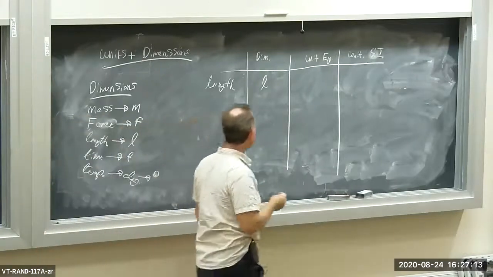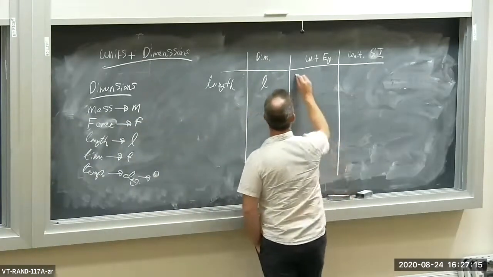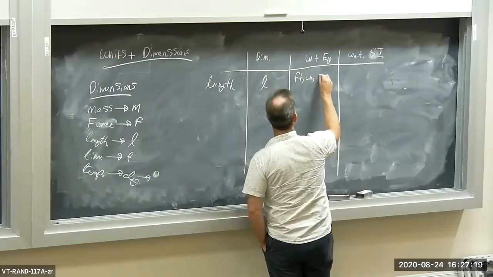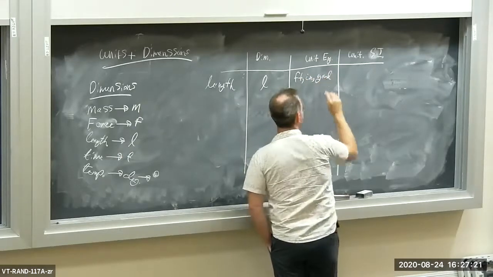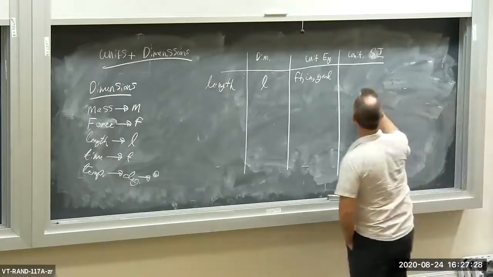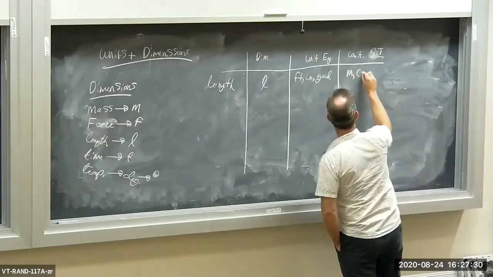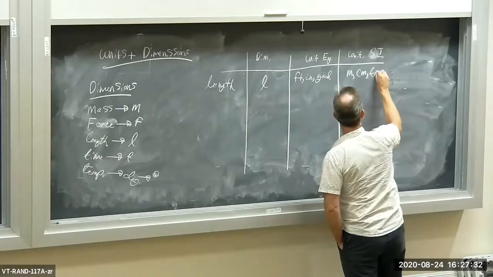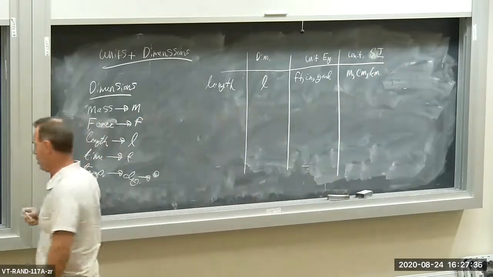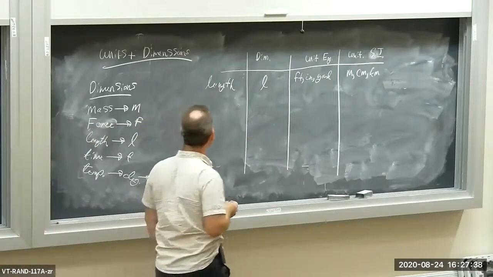For length, in English units, it could be a foot, an inch, a yard, a mile, who knows? Metric, a meter's the big one, but it could be centimeter or kilometer. There are all sorts of things you can put in for metric units.